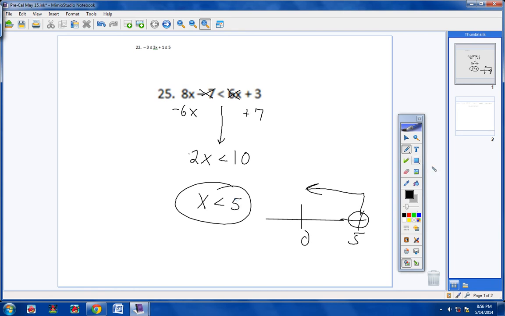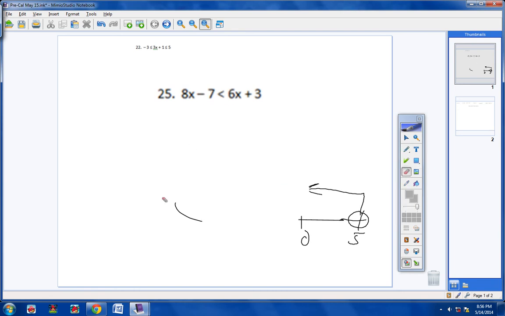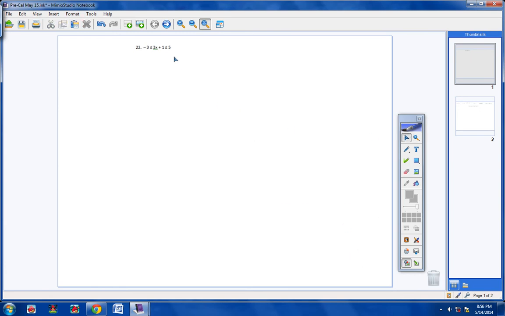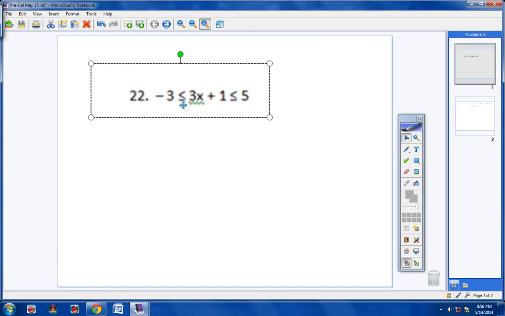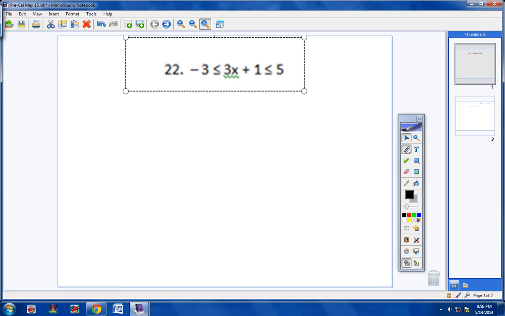Now let's take a look at a good old-fashioned conjunction, and we just did one of those a second ago, so I think you'll find it pretty simple. Here we go. A good old conjunction. Let's go ahead and solve this. Let's get x all by itself. And so we're going to bring the 1 over and make it a negative 1. Bring the 1 over and make it a negative 1.